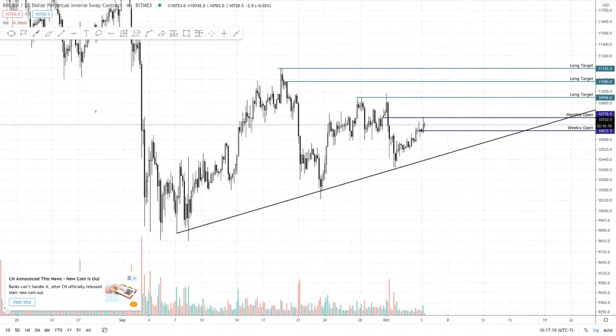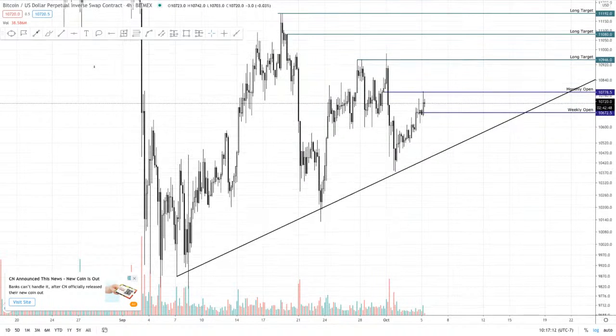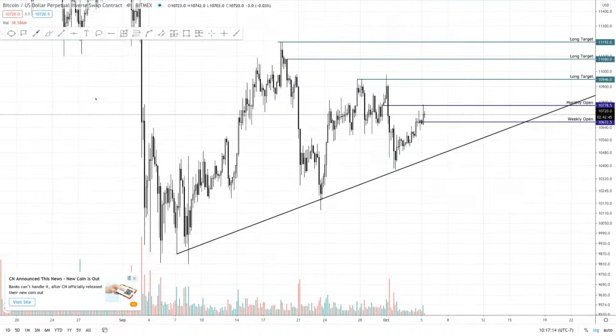If we lose this trend line, this trend line that I just put, so we had 1 bounce, 2 bounces, 3 bounces.